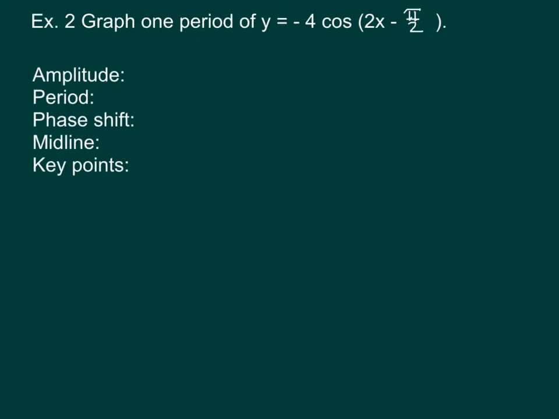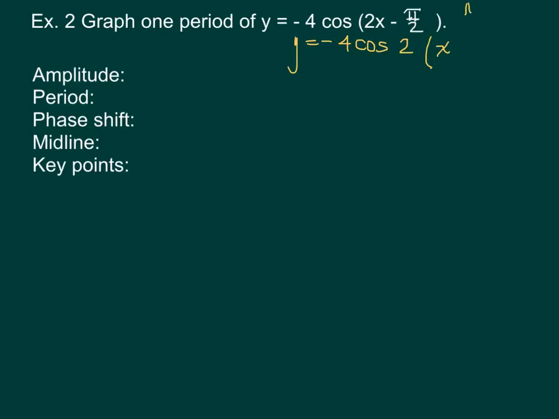In example 2, we're going to see what happens when a is negative. So let me identify everything first. A is negative 4. Wait. Don't forget, rewrite this. I'm going to factor out a 2 so x is by itself.